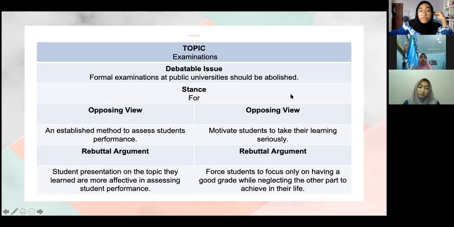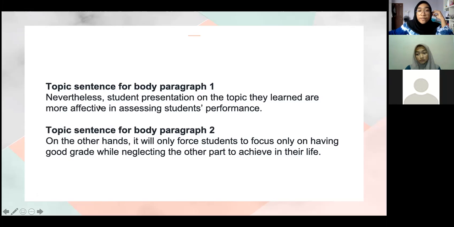And for the second opposing view given here is motivate students to take their learning seriously. And I came out with the rebuttal argument that is force students to focus only on having a good grade while neglecting the other part to achieve in their life. The topic sentence that I think is suitable for the body paragraph 1 is I'm using transition signal nevertheless.